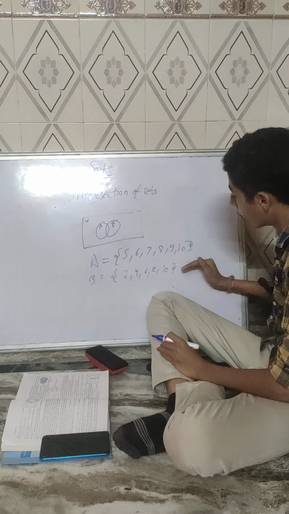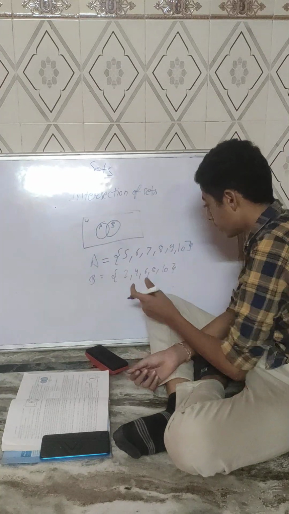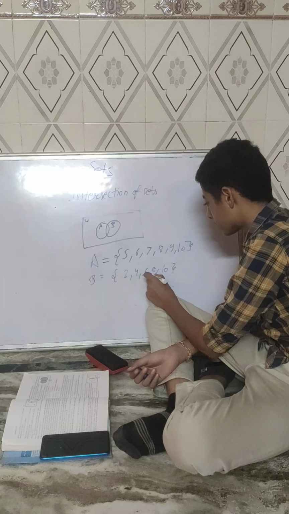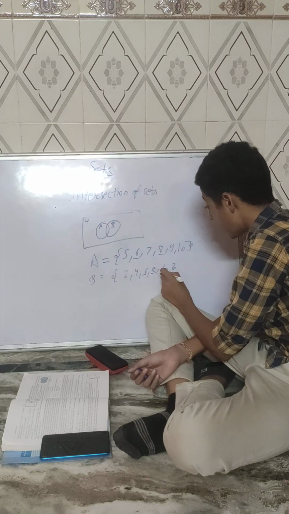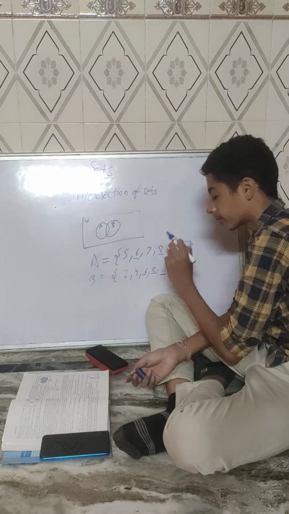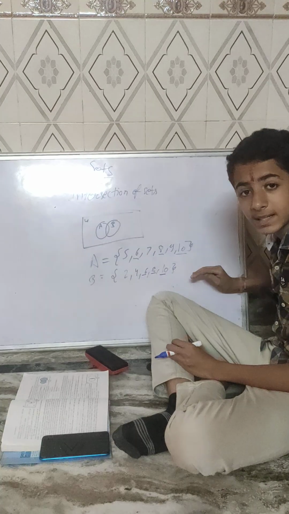Now see, which numbers can you see common between them? The number we can see common is 6, right? Then 8, yes, and lastly we have 10. Yes, these three numbers are common between set A and set B.